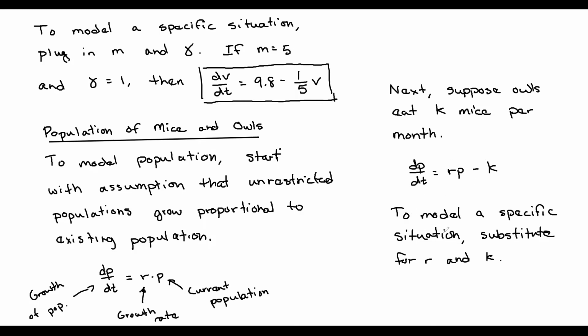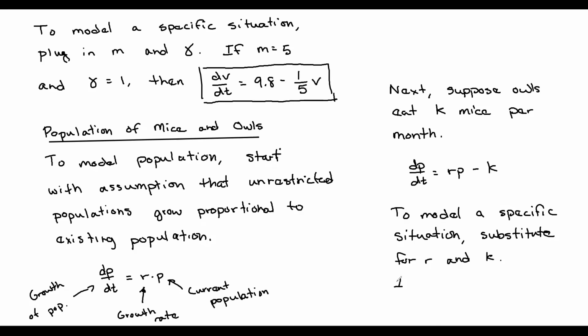So R could be the rate of growth of the mice. Maybe one type of population of mice grows at one rate, and a different type of mice grows at a different rate. Some mice procreate faster or slower than others. And K would be the number of mice that are eaten by owls. That value could depend upon how many owls there are. If you have more owls, then you get a larger K value.